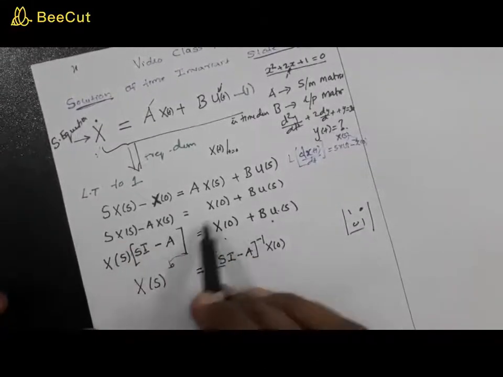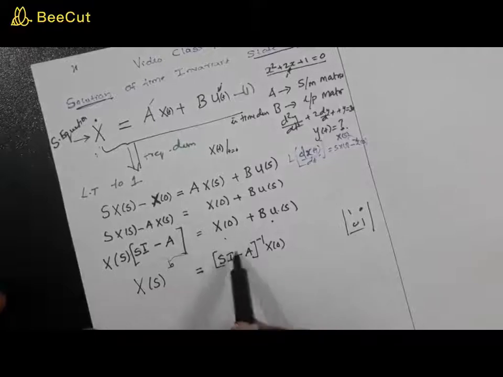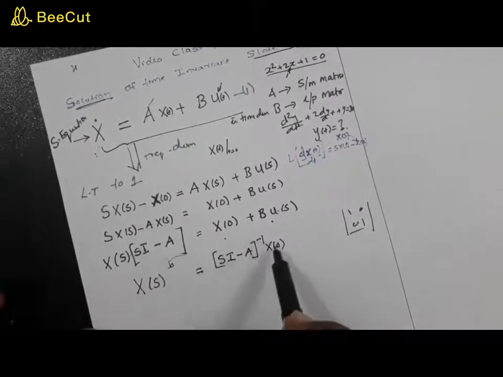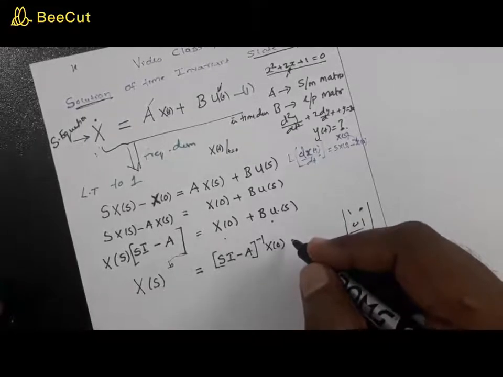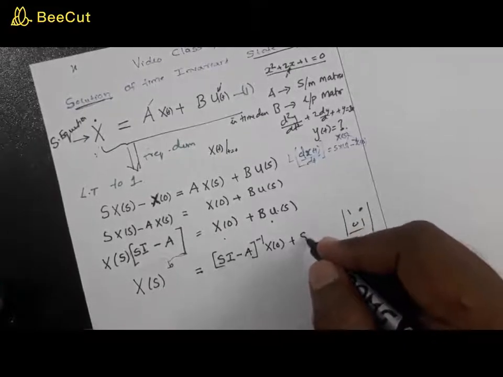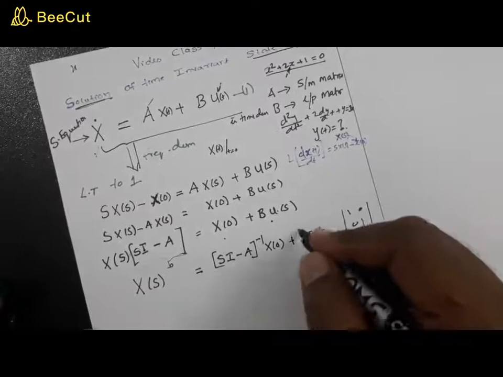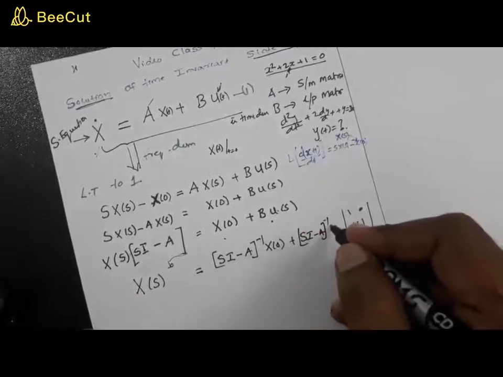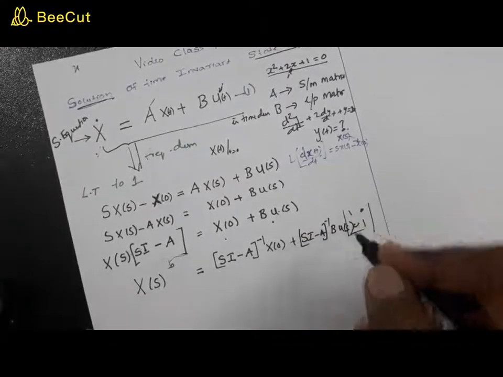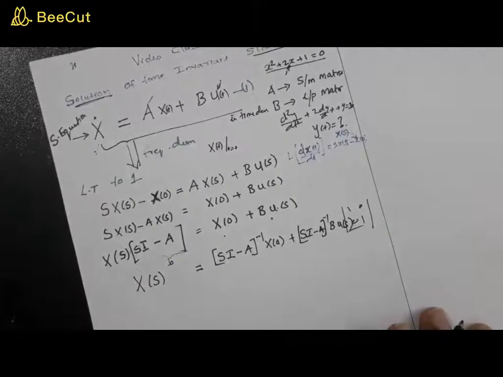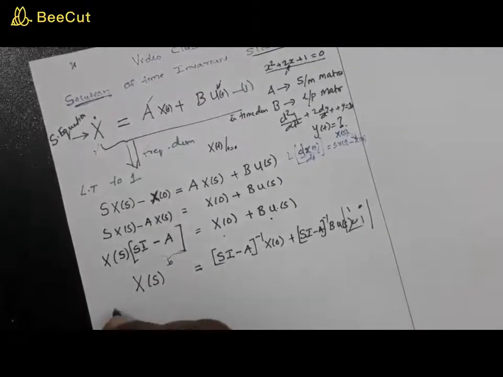So it is equivalent to multiplying by its inverse, sI minus A inverse. So sI minus A inverse into x of 0 plus again sI minus A inverse b into u of s, right? So that's it.